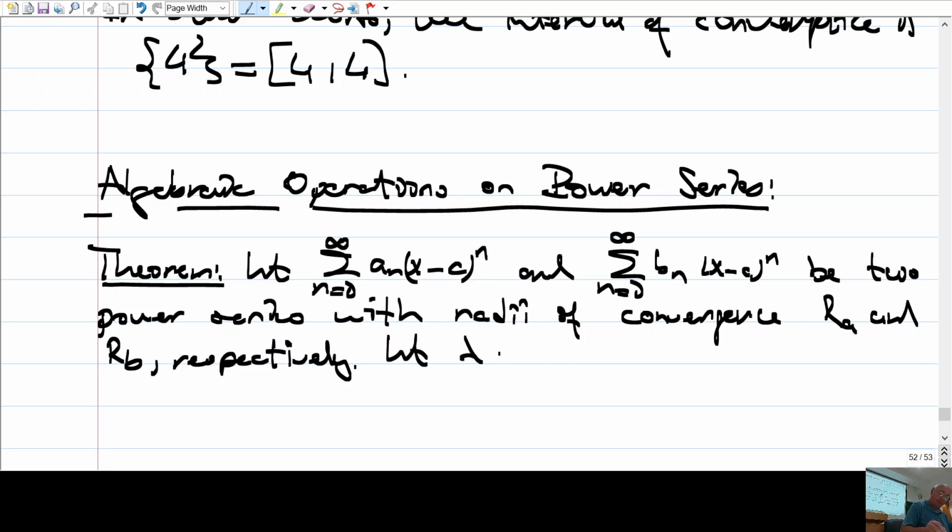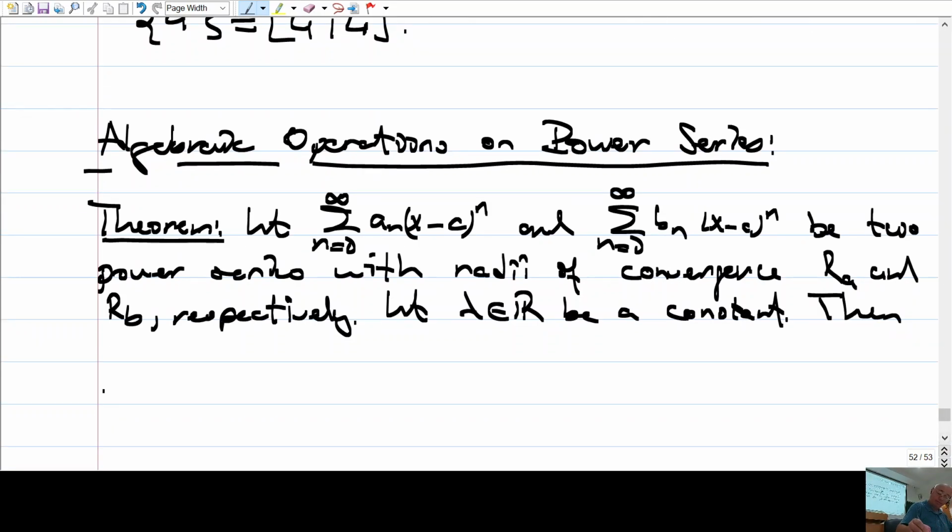Let lambda be a constant. Then we have the following. The first one is this.